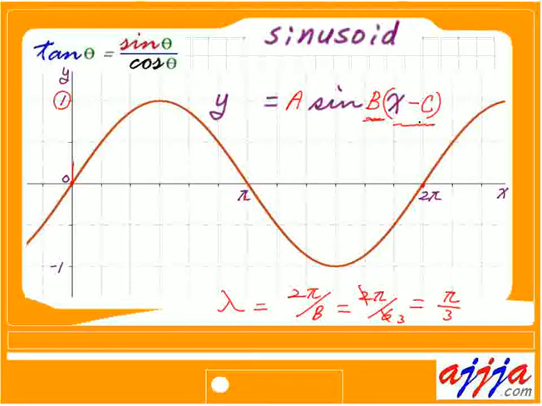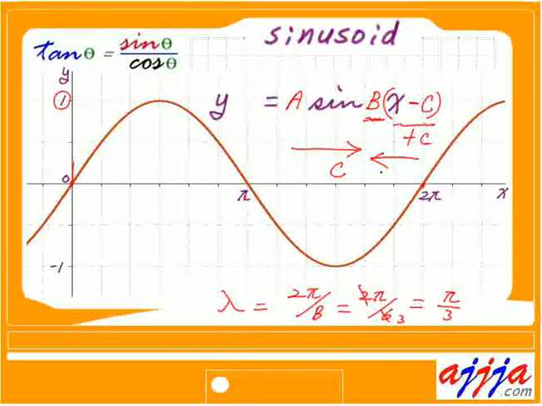Minus c means we're going to shift to the right-hand side. Minus means the opposite, so that means a plus: we move to the right-hand side by c. What about plus c? Then we move to the left-hand side.